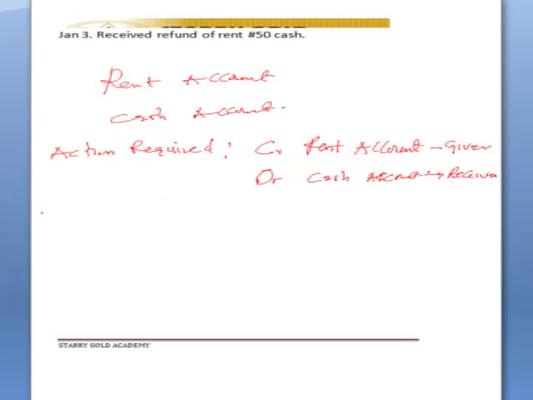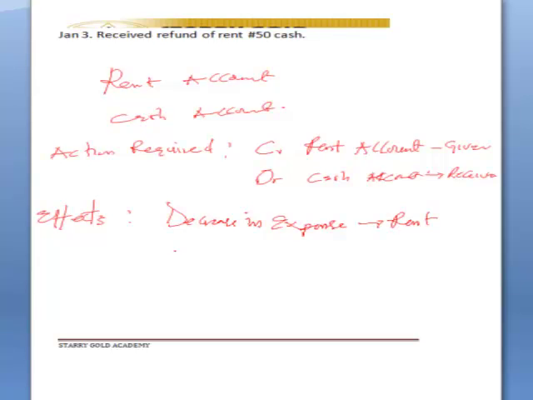As a result, what will be the effect of this on the financial statement? The effect of this is that there is a decrease in expenses, and the expense here is rent.